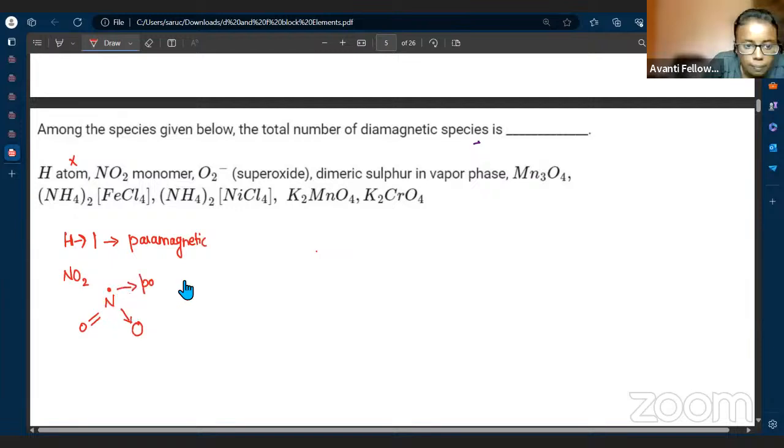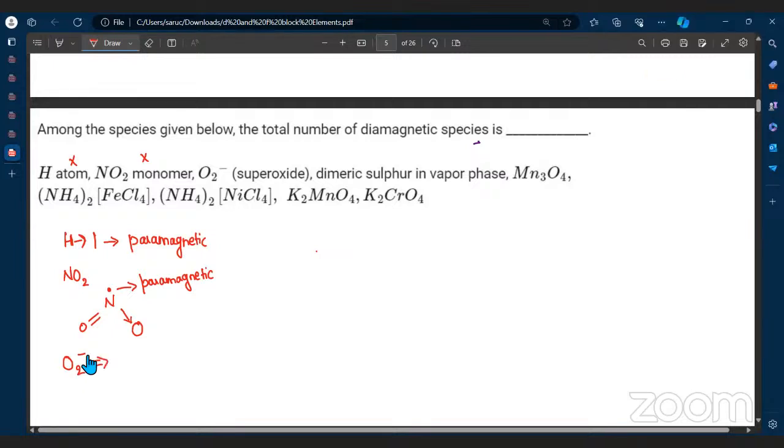Now, can you tell me whether O2 minus is paramagnetic or diamagnetic? You have 17 electrons, so therefore it is going to be paramagnetic.